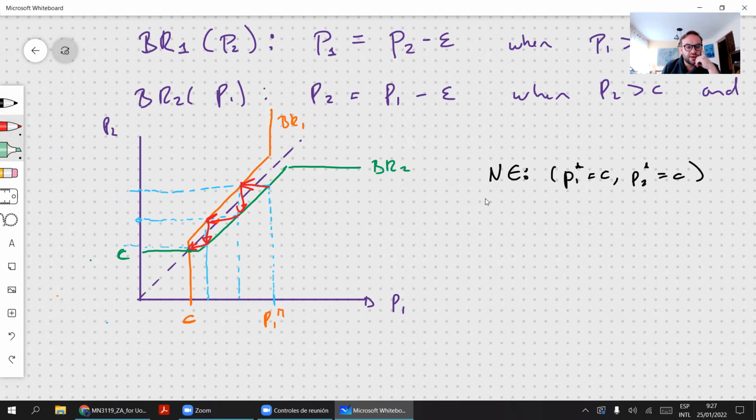If I'm pricing below the marginal cost, the best response of firm 2 is to price at the marginal cost, and the best response to this for firm 1 is to ask the marginal cost. So we converge also immediately to this Nash equilibrium. Yes? Yeah, it's all clear so far.